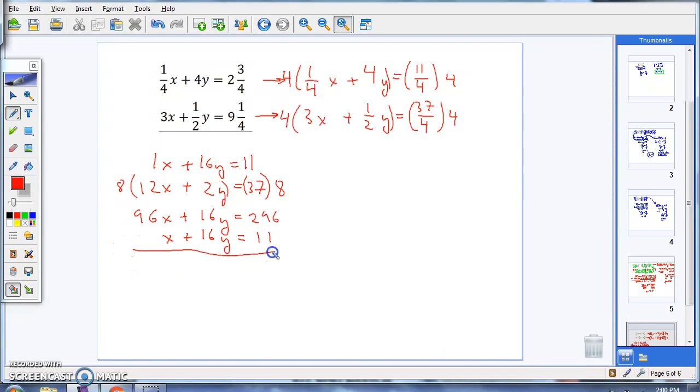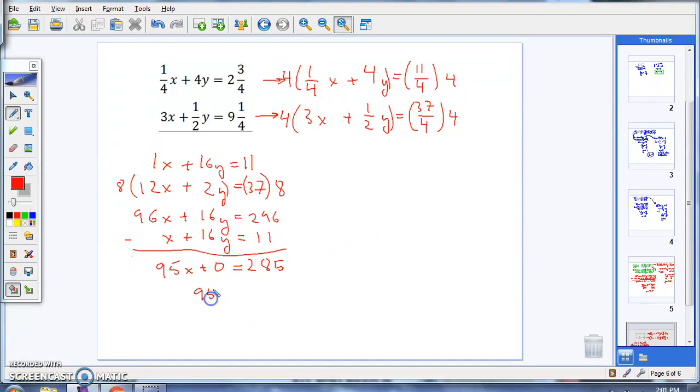Just seems so tiny. Anyway, I'm going to subtract. 96x minus x is 95x. 16y minus 16y is 0. And then 296 minus 11 is 285. Okay, whew, that was really somewhat challenging.